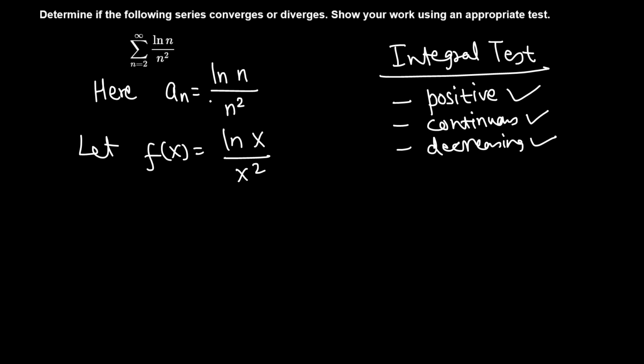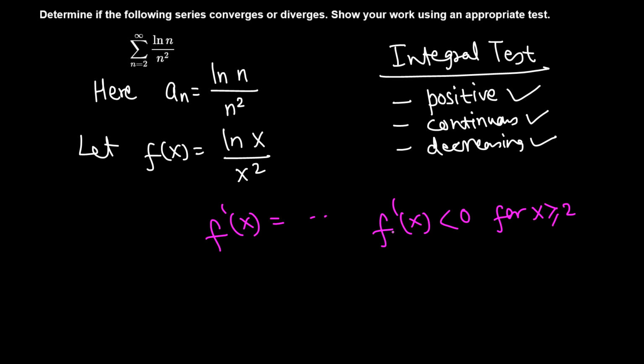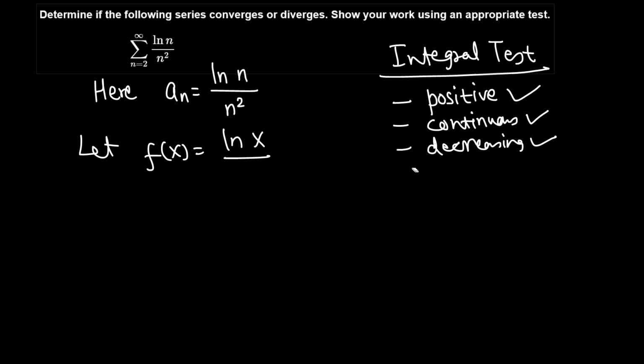In fact, you can find the derivative of this function and show that the derivative is less than 0 for x bigger than or equal to 2. That means the function is decreasing. You can do that, but I am just going by the bottom being bigger than the top.